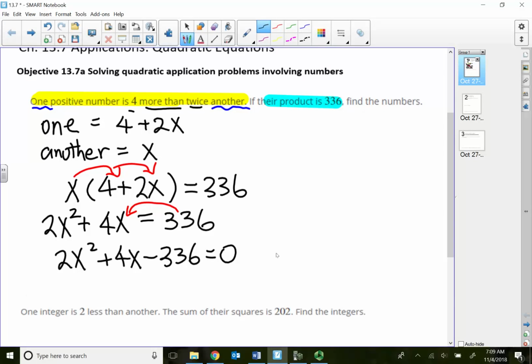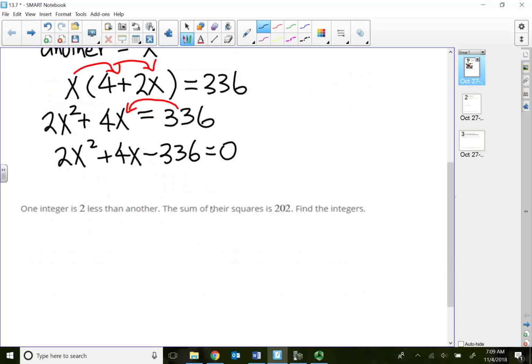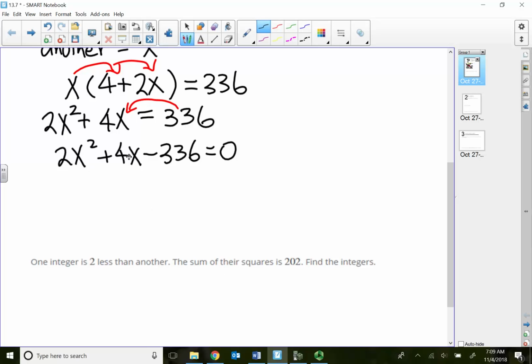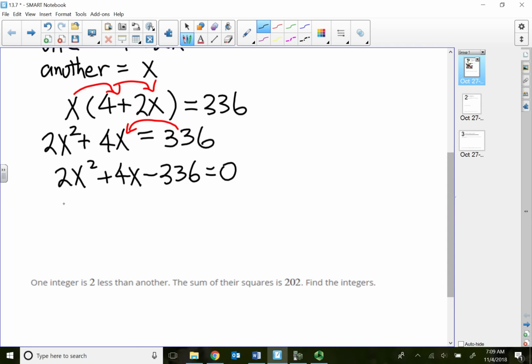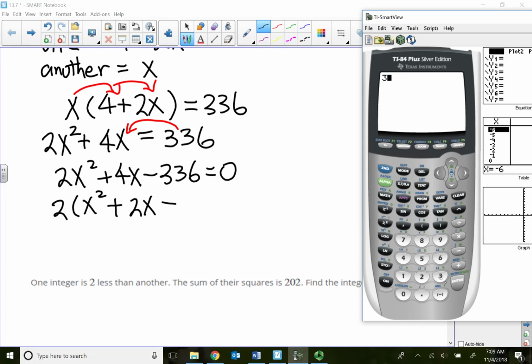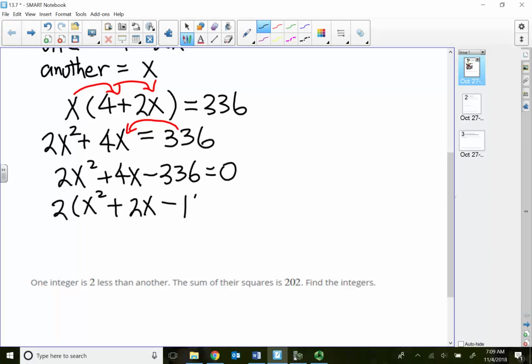No like terms to combine, so let's factor this. I do have a greatest common factor of 2. I can factor it out, so I'm going to do that real quick. So that's 2 times (x squared plus 2x minus 336 divided by 2, so that gives me 168), equal to 0.